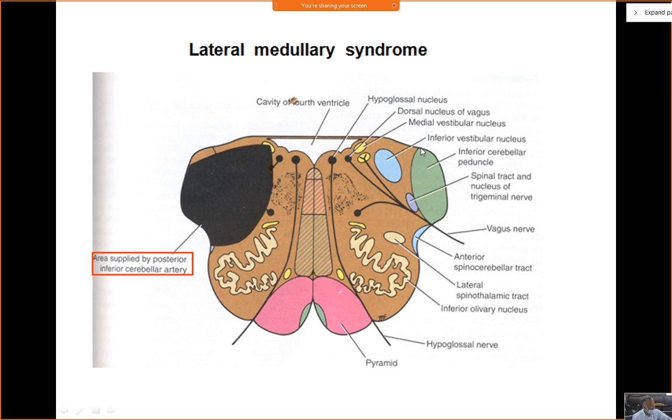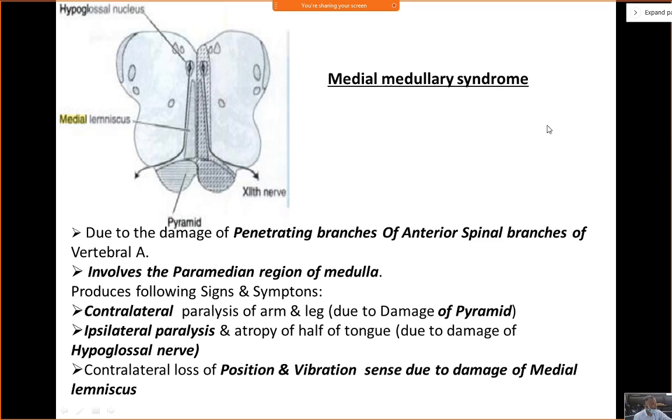Then come to the medial medullary syndrome. Mostly it supplies the paramedian region, and it is due to the involvement of penetrating branches of the anterior spinal branches of the vertebral artery.